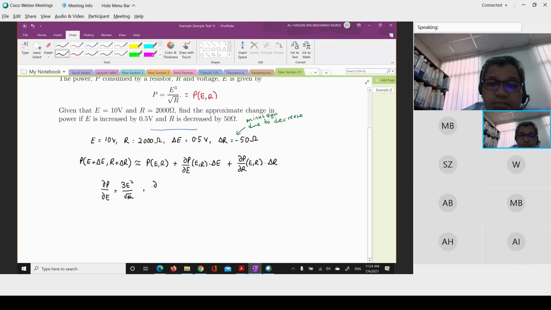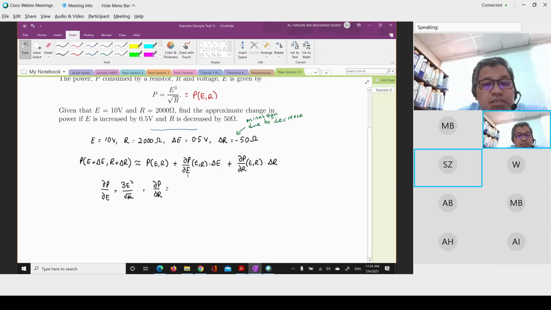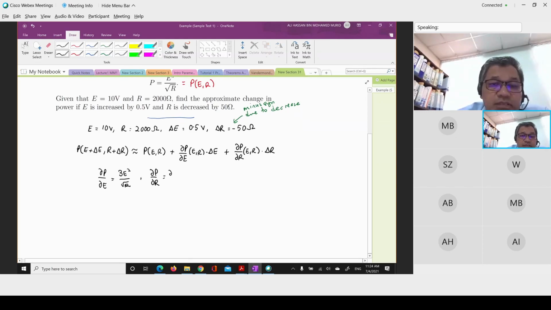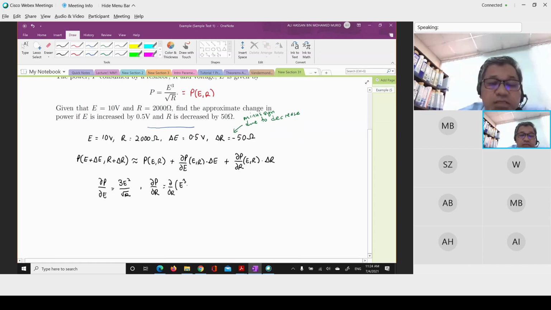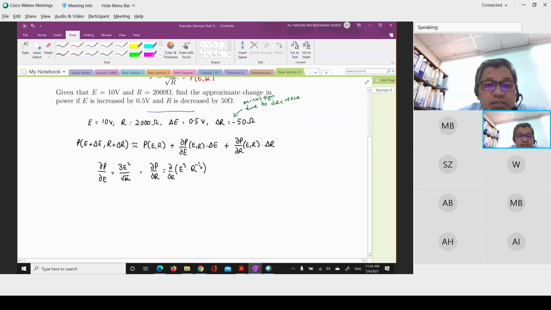And what about the other partial derivative, partial P over partial R? Now you want to treat E as a constant. We can also write this as E cubed times R to the power of minus a half, since 1 over square root R is the same as R to the power of minus a half. E is assumed constant, so we can pull out E cubed.